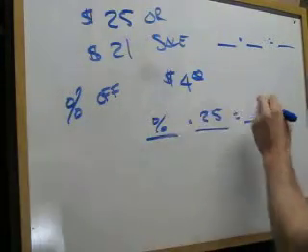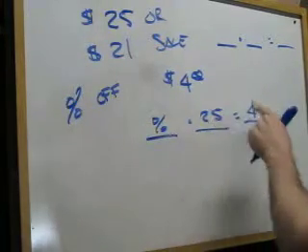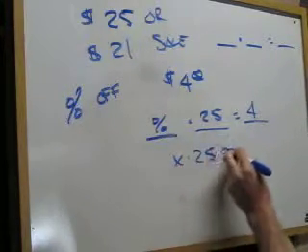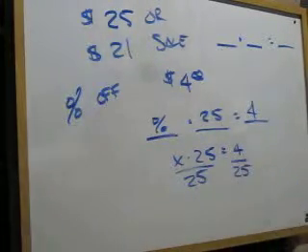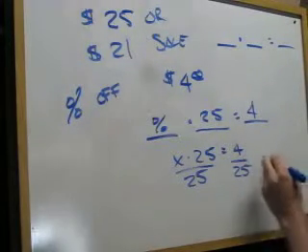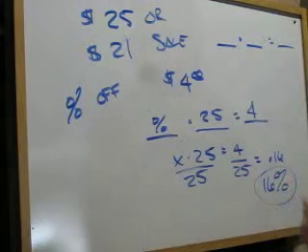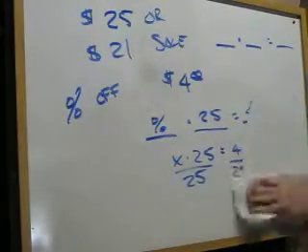In this case, it's the $4 because that's the discount. So what percent of 25 is $4? We've got x times 25 equals 4. We divide by 25, divide by 25, and we get 0.16, and we change that to a percent because that's what they're asking for, and we get 16%. So if you've noticed with some of these, you have to use a little bit of logic, think through it a little bit, and usually it's not too hard to figure out.